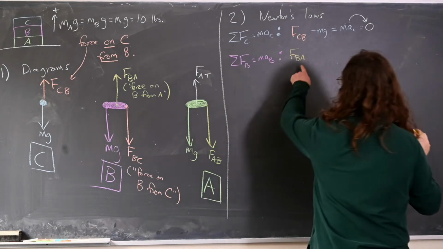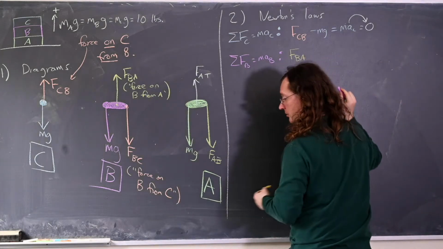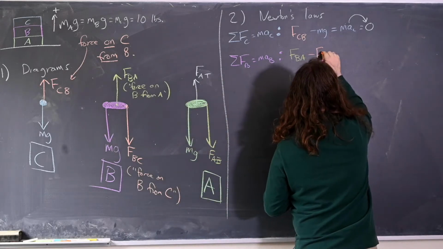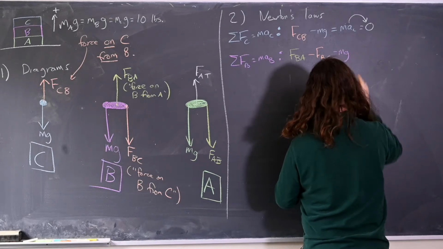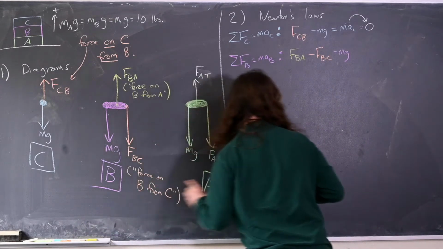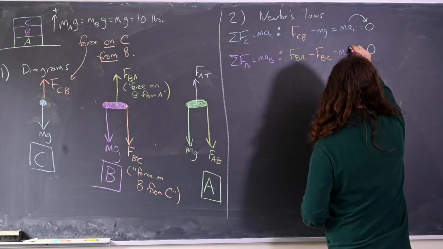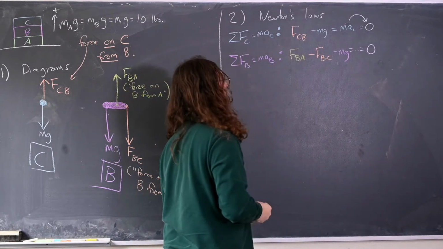FBA, so the force on B from A, minus the 2 that go down, minus mg, again equals 0. Because we know the acceleration of everything is 0.